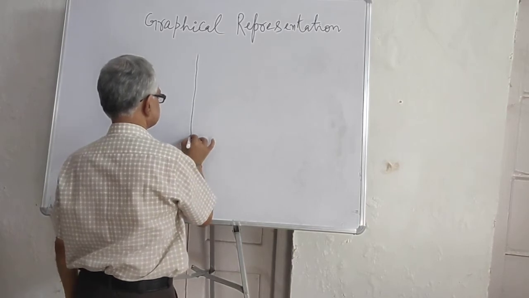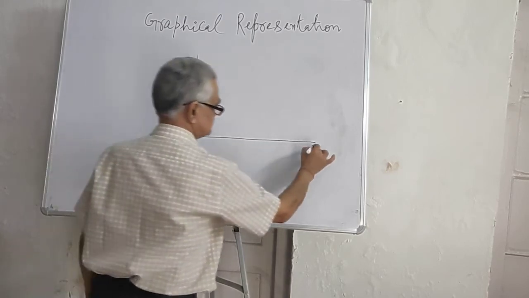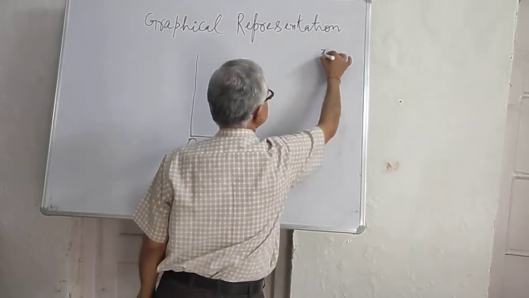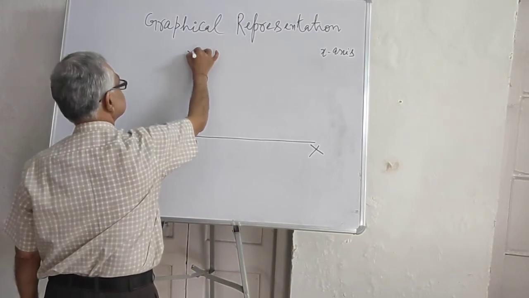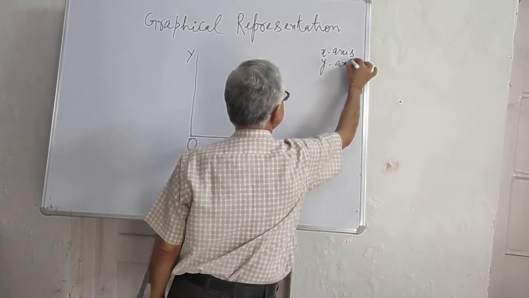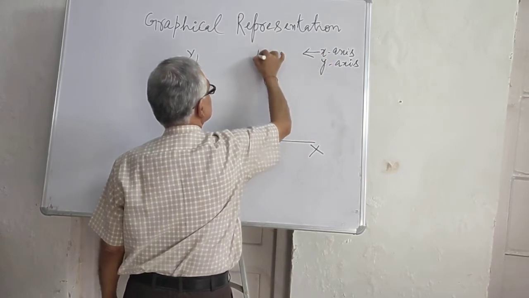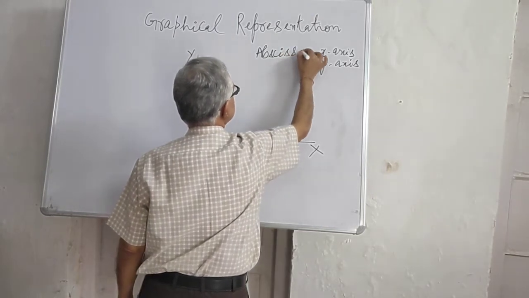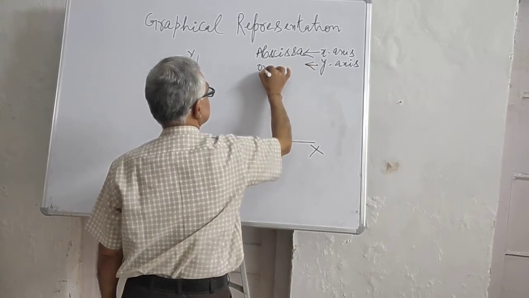Let us see this. So this is origin, this is OX, which is known as x axis, and this is OY, known as y axis, and this OX is known as abscissa, whereas this y axis is known as ordinate.